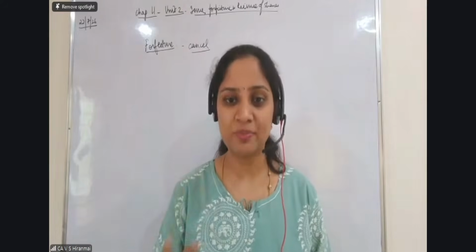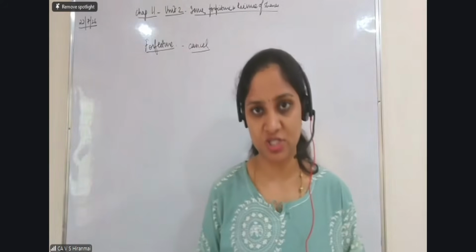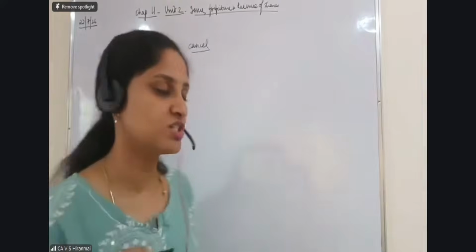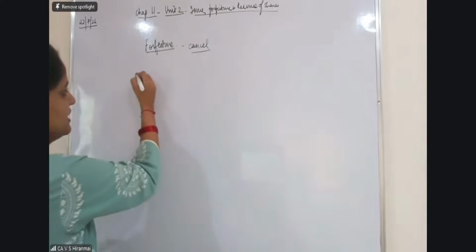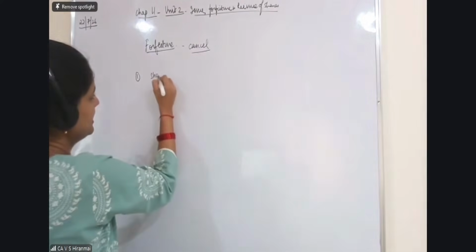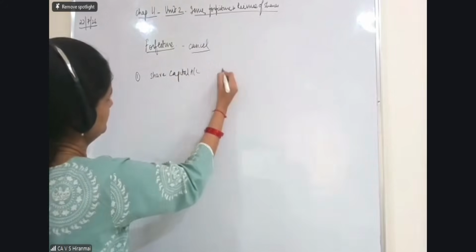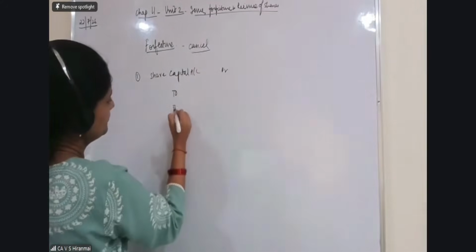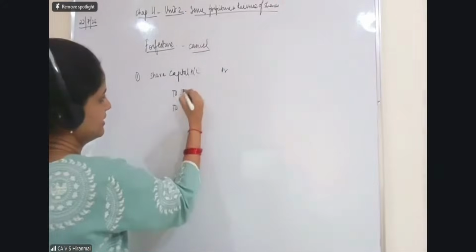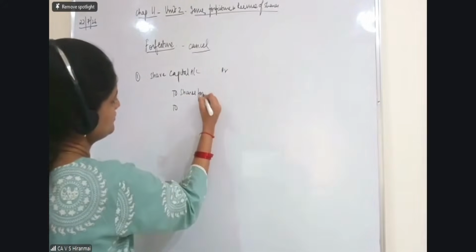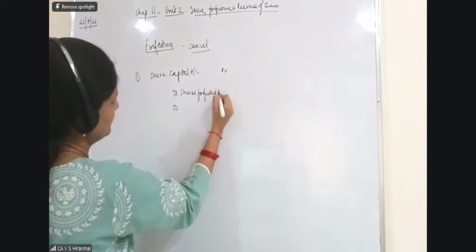उसी तरह से when you are taking back your shares from that particular shareholder, what will happen to your share capital? In the forfeiture entry, there is only one forfeiture entry. Share capital account gets debited. Two accounts get credited. One is the shares forfeited account.